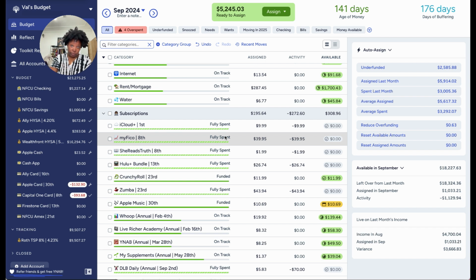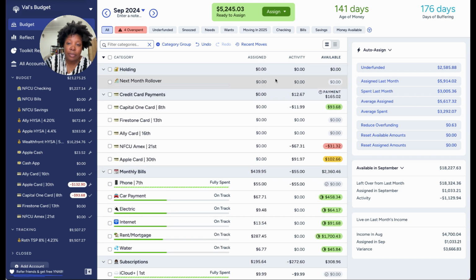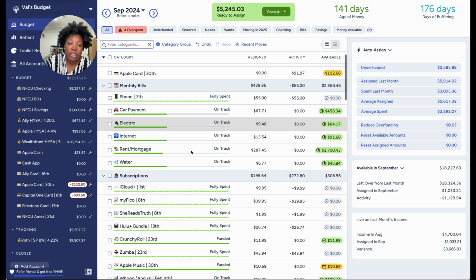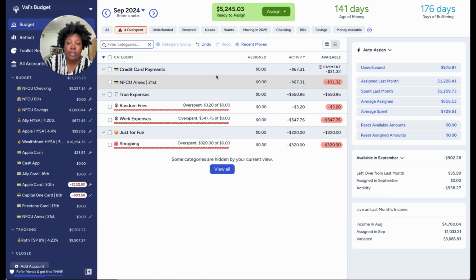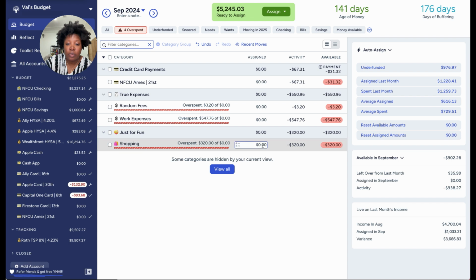First, we're going to have to put this money into the holding category for next month. And then we're going to roll with the punches and move some money around to cover these overspent categories for shopping, my work expenses, and random fees.